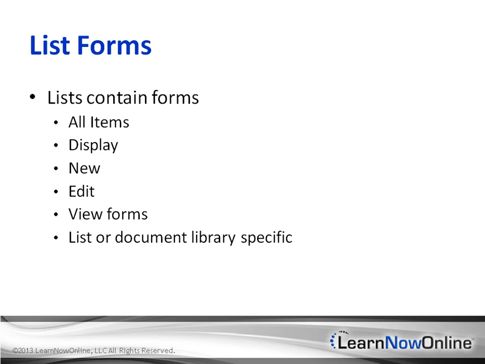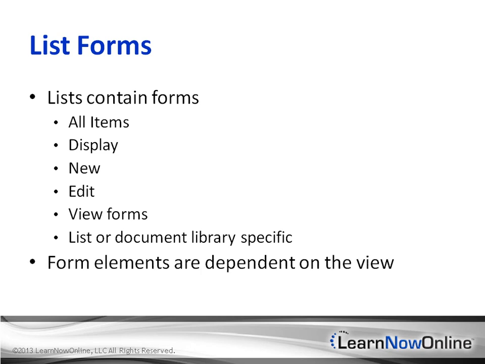Or if you go to edit an item in a list, then the edit form would show up. And these forms are customizable, and you can also use other types of forms too. You could substitute InfoPath, or you could create your own ASP.NET forms if you wanted to.